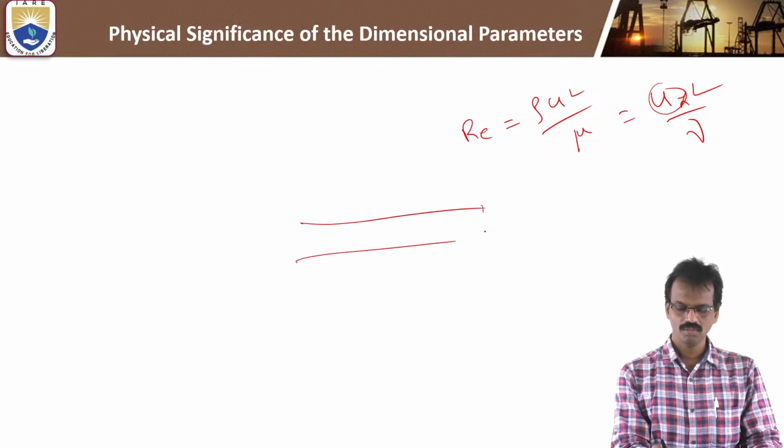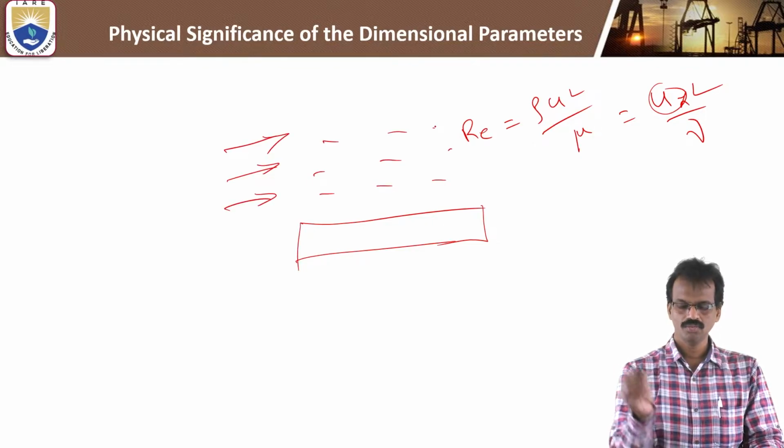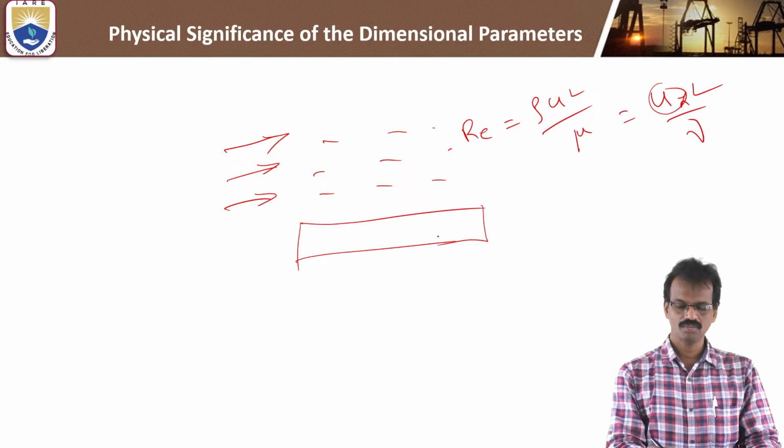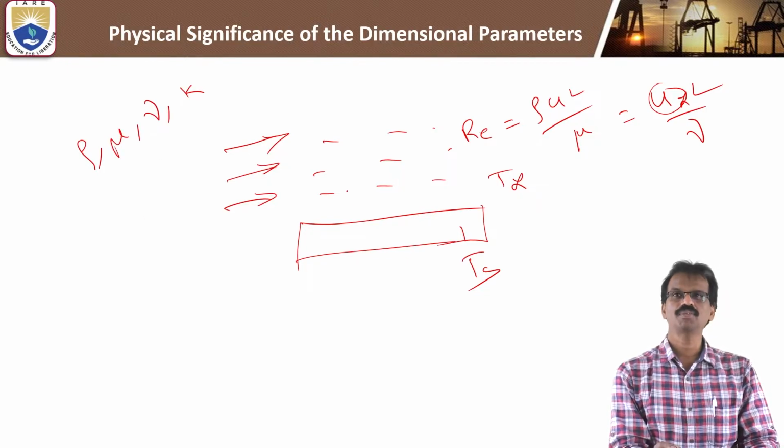Suppose fluid is flowing on a solid surface. So there are so many properties. The temperature of the fluid is T infinity, and the solid surface temperature is Ts, and the fluid properties are many: density, dynamic viscosity, kinematic viscosity, thermal conductivity of the fluid.